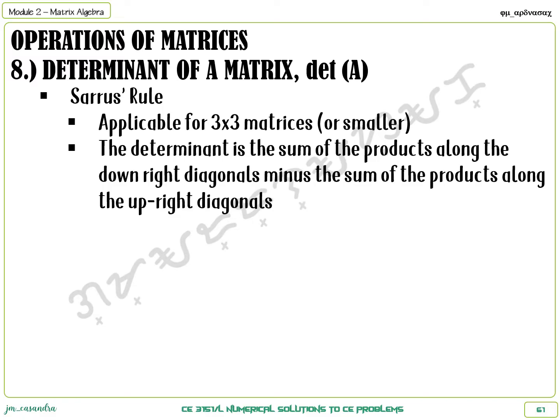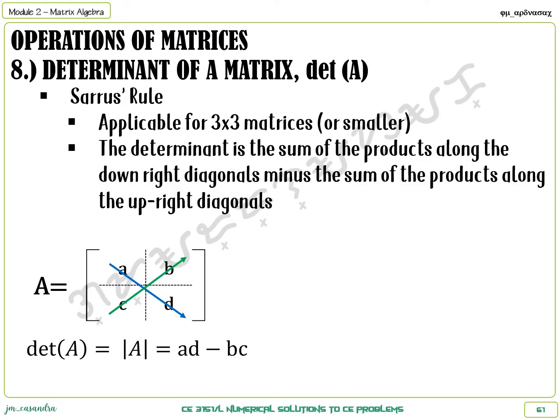So if we have here matrix A, which is a 2 by 2 matrix, its determinant is computed by the downward product AD minus the upward product, which is BC.